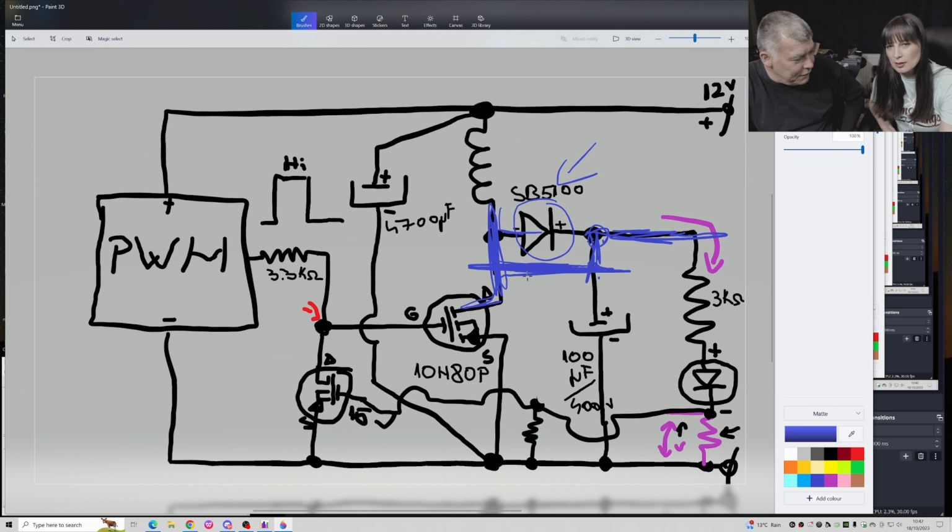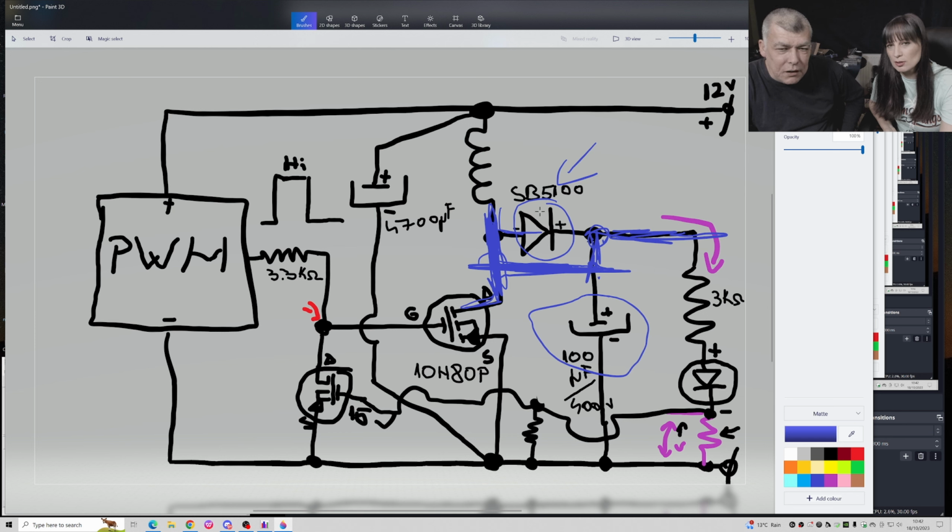Now, when you connect this capacitor straight to the drain, where it's very high frequency switching, like 20 kilohertz, this capacitor is extremely slow. You can charge it and discharge it, but it's not that fast.